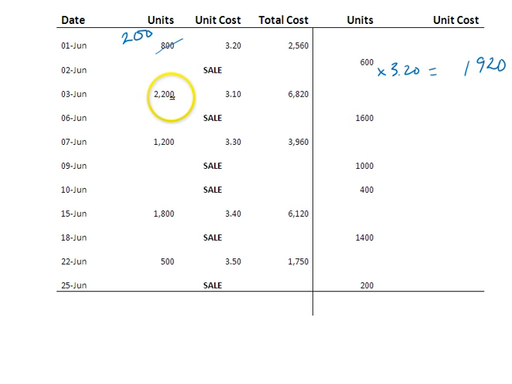The last ones in were June 3rd, so I sold 1,600 of those, leaving 600. And so 1,600 times $3.10 is $4,960.